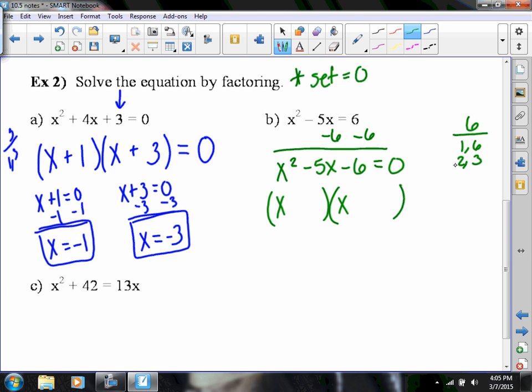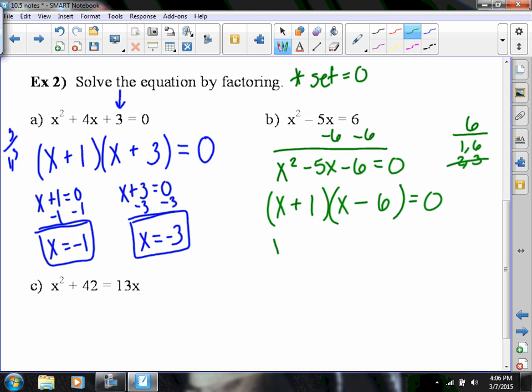But when I multiply a negative and a negative, that gets me a positive. So I don't want the 2 and the 3. I want the 1 and the 6 because then I can make the 6 negative and the 1 positive. So this combination will add to the negative 5 and multiply to the negative 6. So you really have to pay attention to which numbers and which signs when you're dealing with the factors of 6.